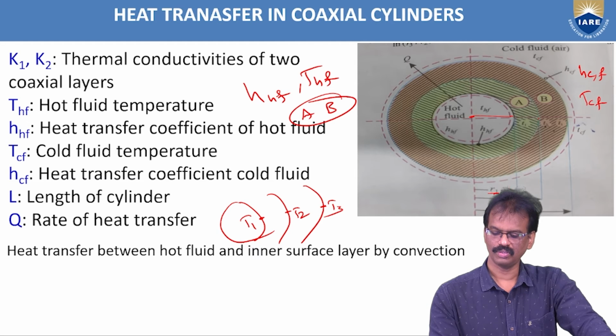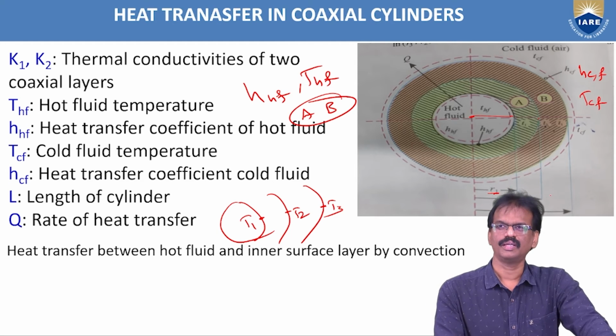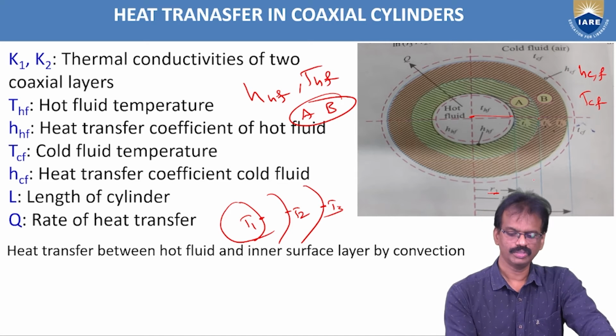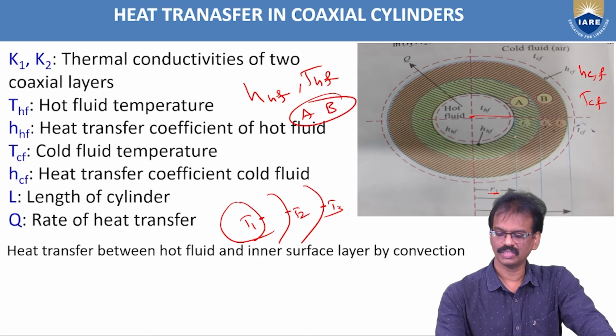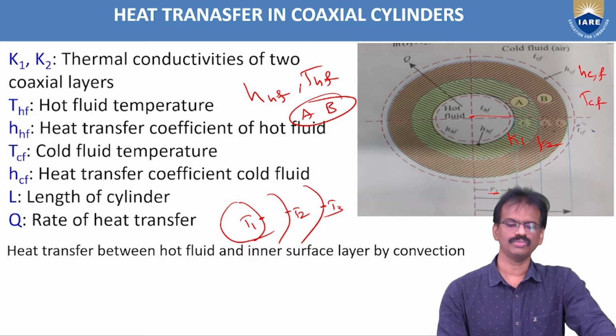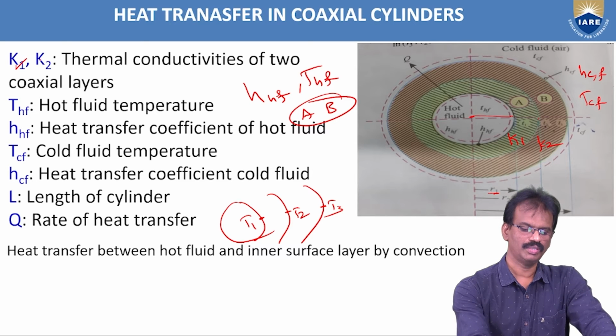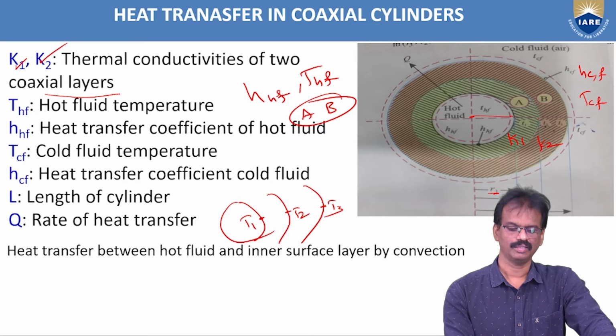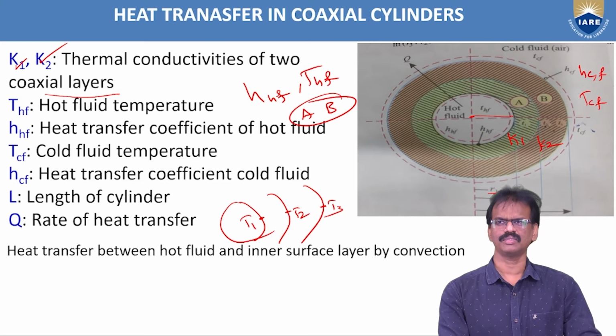So R1, R2, R3 are the radii of the different layers. Similarly, we have to consider the thermal conductivities. K1 is the thermal conductivity of the first layer, and K2 is the thermal conductivity of the second layer. These are the parameters: K1 and K2, thermal conductivities of the two coaxial layers. Coaxial means it has only one axis.